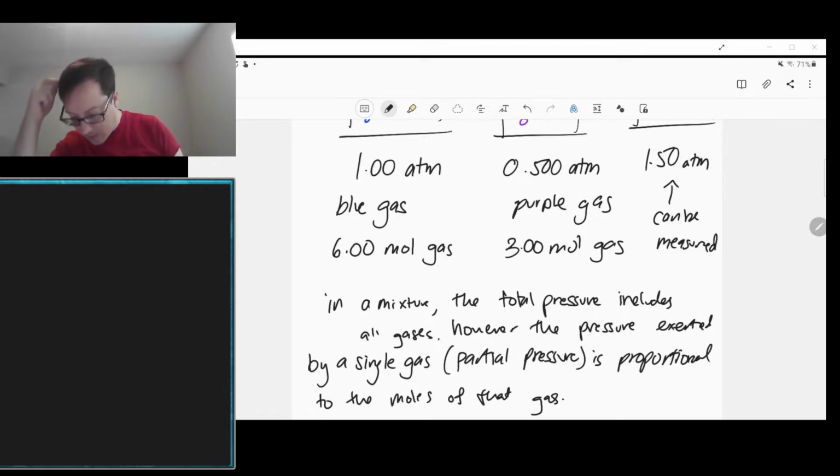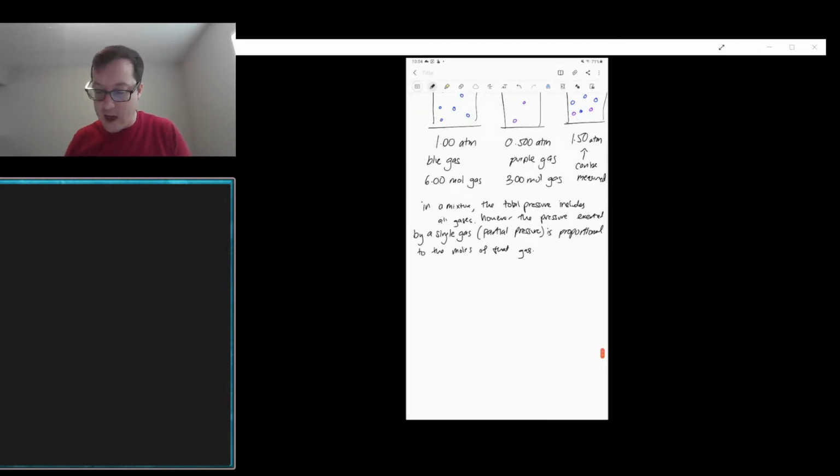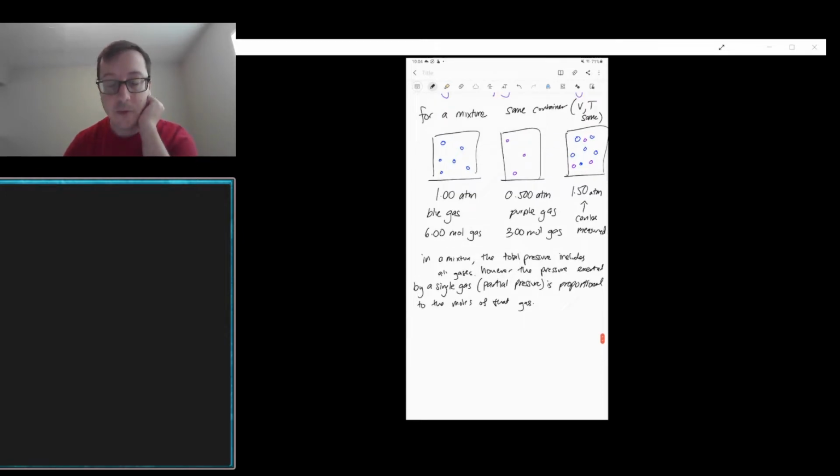And so if we think here, we have 1.5 atmospheres in our third container. And so we can measure the total pressure, and that includes all of the gases that are within that. For example, the air, which has pressure on us right now, is made of nitrogen, oxygen, CO2, water, methane, all sorts of gases, argon.